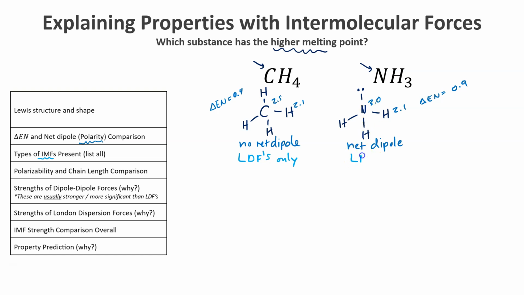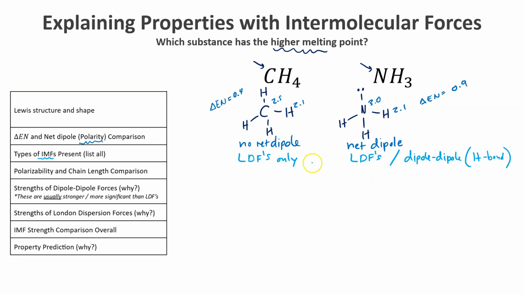Ammonia, NH3, is going to have LDFs as well, because all molecules, all atoms, as long as they've got an electron cloud, are going to experience some LDFs. But there's another one here that's occurring. Because this is polar, NH3 is also going to experience dipole-dipole forces. Even better, these dipole-dipoles will fit the definition of being a hydrogen bond. So that's a huge difference between these two substances that's going to come into play in a little bit.